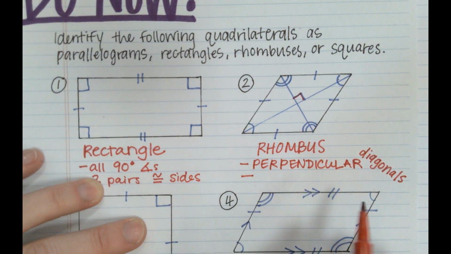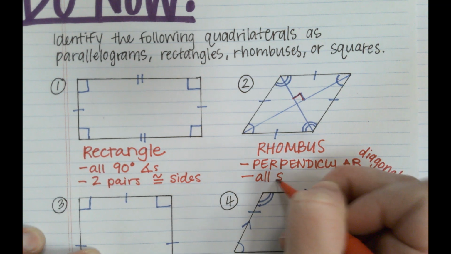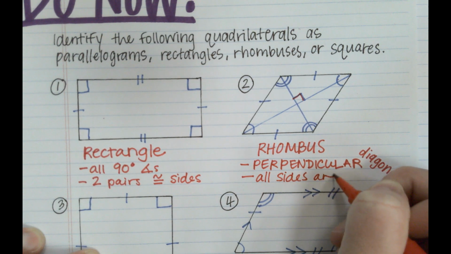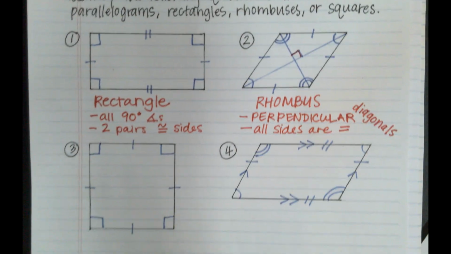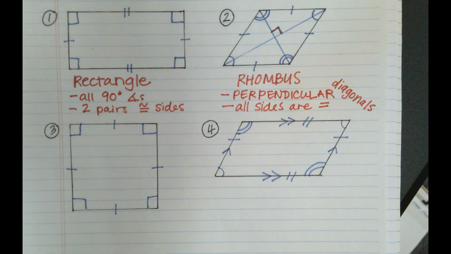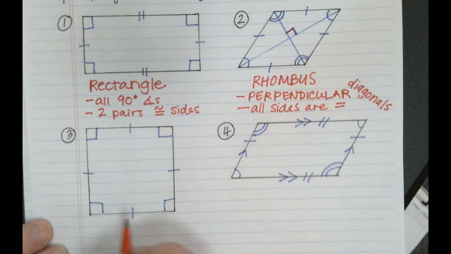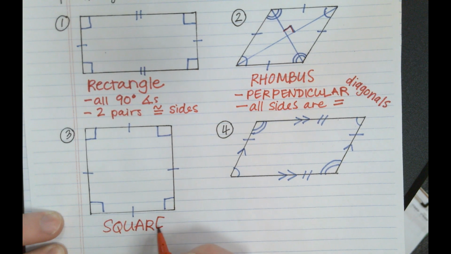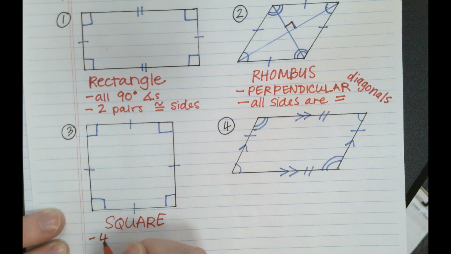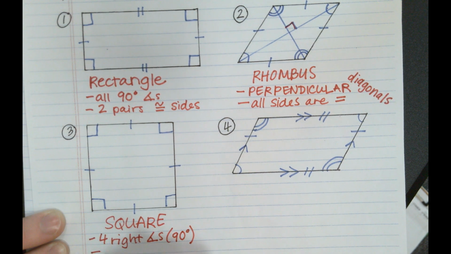And we said all sides are equal. Perfect. How about number three? What's that? Square. Perfect. Why is it a square? It's got four angles on the same sides. Perfect. 4 right angles, 4 90-degree angles, and all the sides are equal.